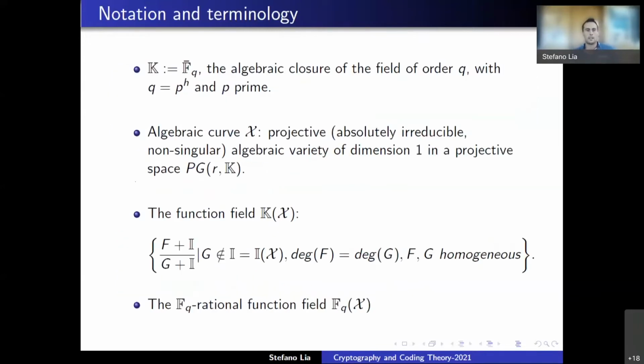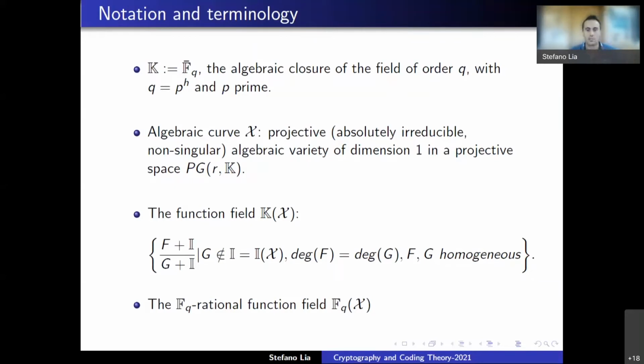So let me fix some notation about algebraic curves. An algebraic curve X will be a projective, absolutely irreducible and non-singular algebraic variety of dimension 1, embedded in an r-dimensional projective space over the field K, which will be an algebraic closure of our finite field F_q.